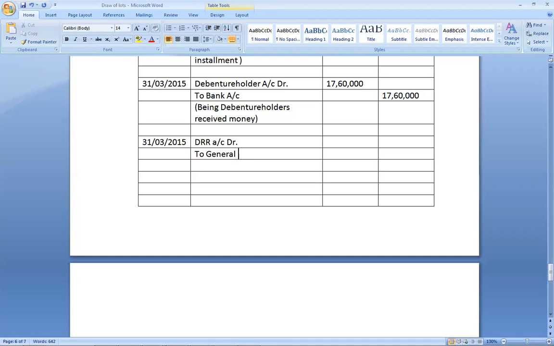We are closing the DRR and we are crediting the general reserve account, because now there is no debenture on the liability side, so no DRR required. We have taken money from the profits, 10 lakhs, to create the DRR. Now we are closing the DRR. So this is the entry for closure of DRR account.